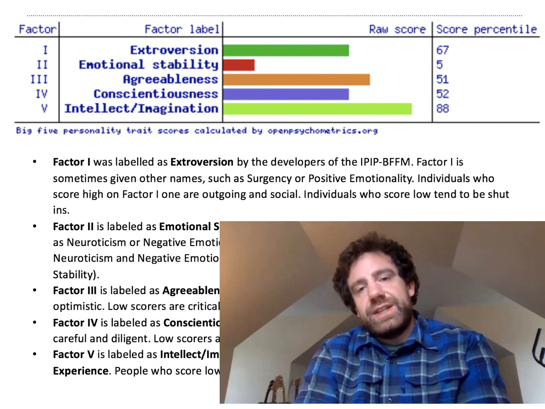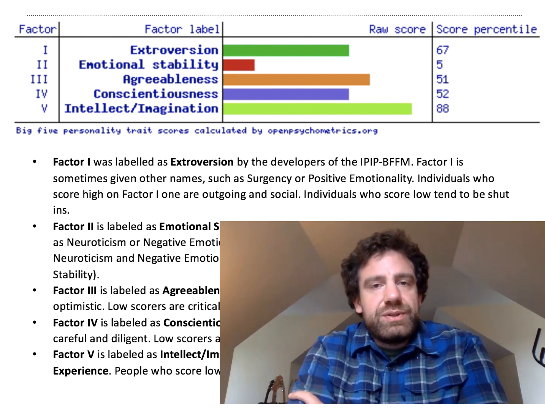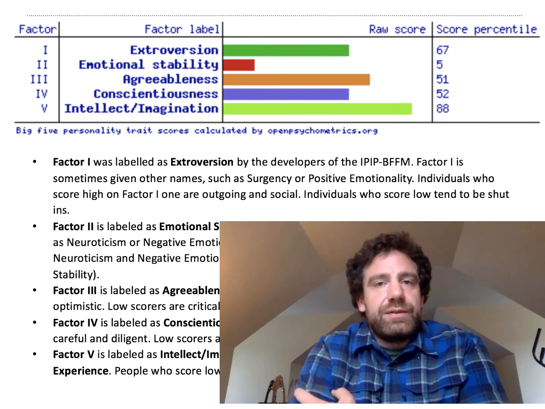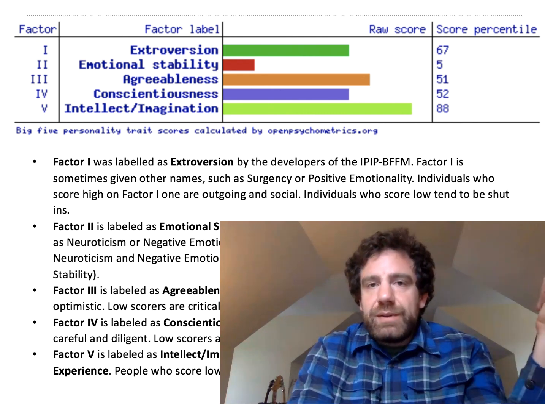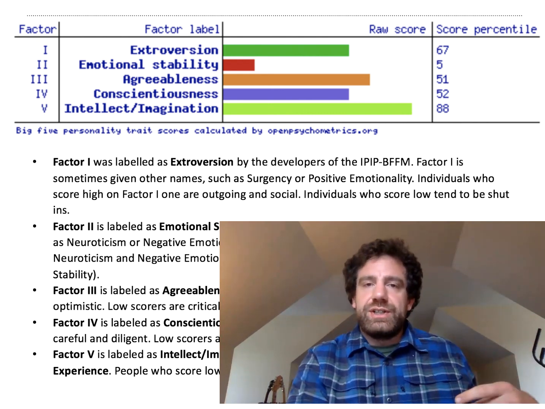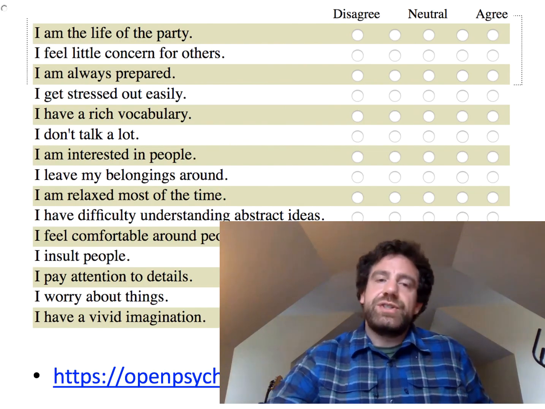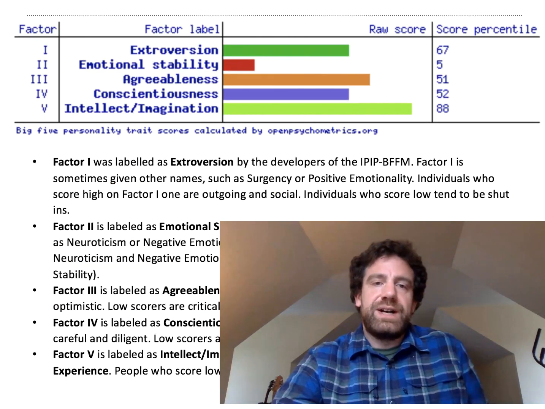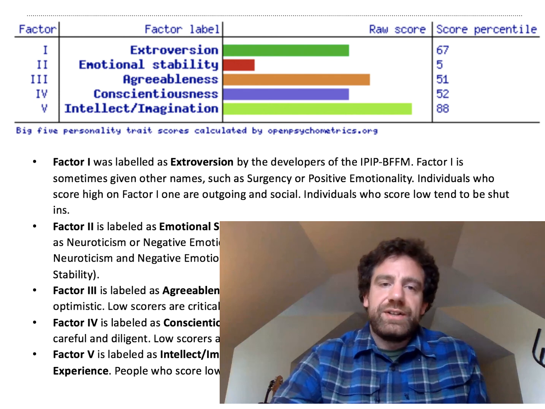So this is an official test that researchers use, but you can take tests like this in a wide variety of contexts. They're not all from the Big Five theory, but what's common to all of them is that you answer questions, test items, and then at the end the test tells you, all right, this is what you're like. In the case of the Big Five or the 5-factor theory, this is what your personality is.